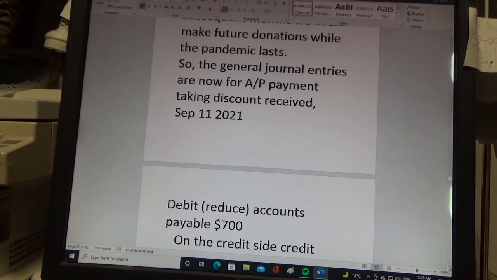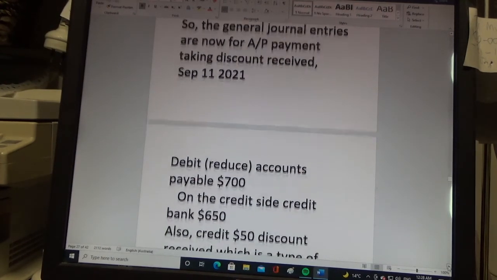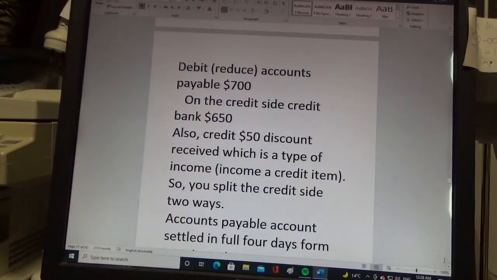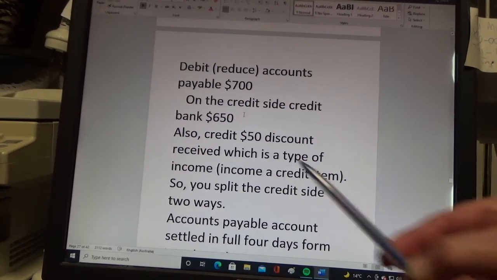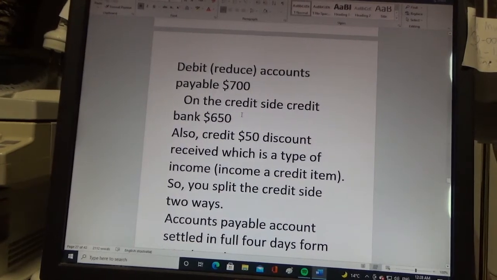Now that's the date in September that they opt for early payment. It's in a reduced time within the discount time frame, and you debit, reduce accounts payable $700, but on the credit side, now you pay $650 with a $50 discount, and you get $50 discount received, which is a type of income.